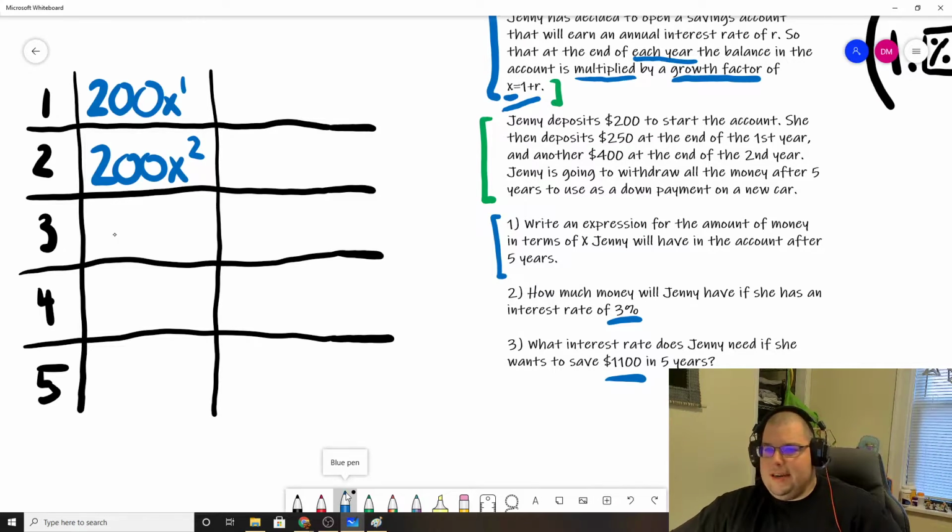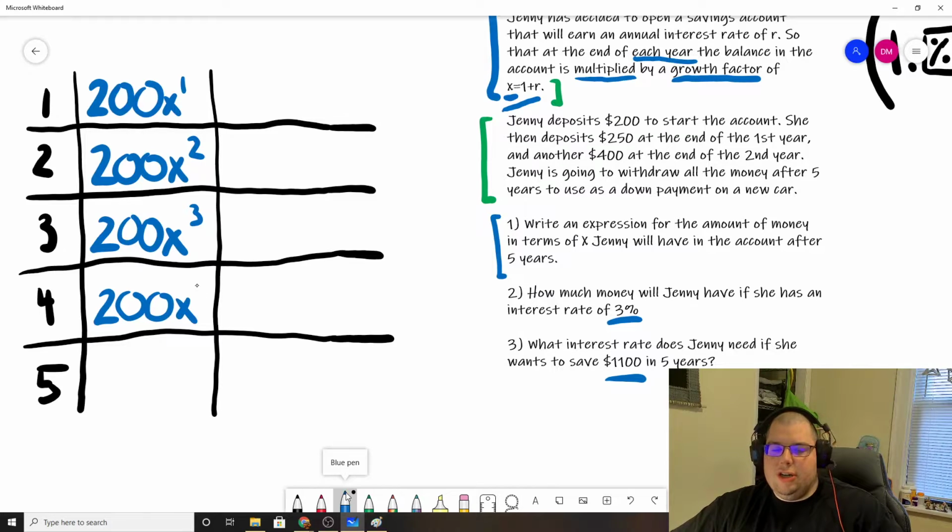And then we're going to keep going for the third year. This $200, this 200x squared is going to get multiplied by another x. X squared times x is x cubed. And we're going to keep this going, multiplying by x each year till we reach the 5th year.